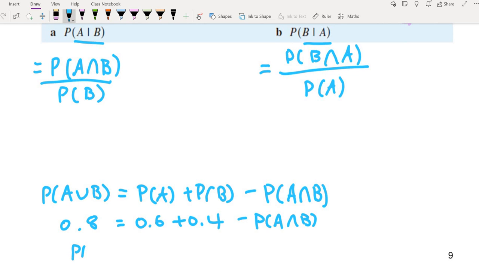So we can find the probability of A intersection B just by rearranging this, and it should be 0.2.